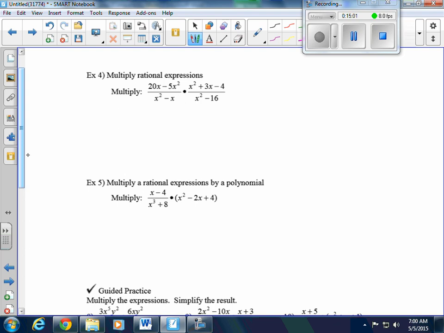So if we look at the first one, now notice the x squared term is last. I like to change it so that my x squared term is first, and I always want that to be positive. So what I'm going to do is take out a -5, because I can do that out of both of those, and I'm going to get x squared, and if I take a -5, actually I can take a -5x out.